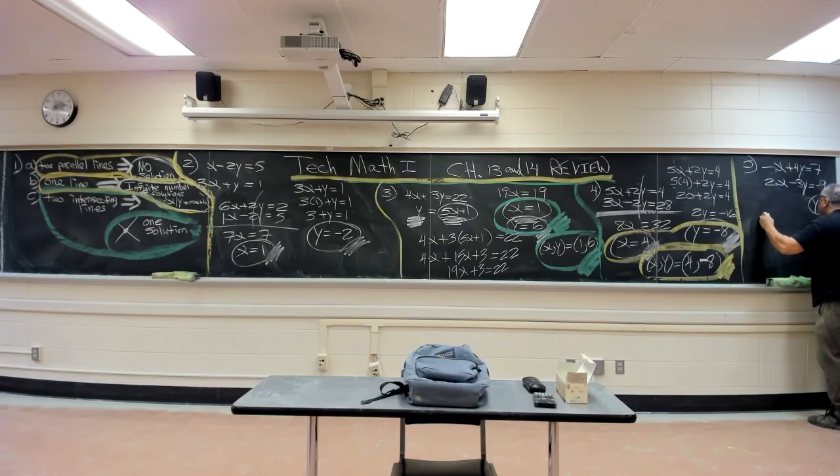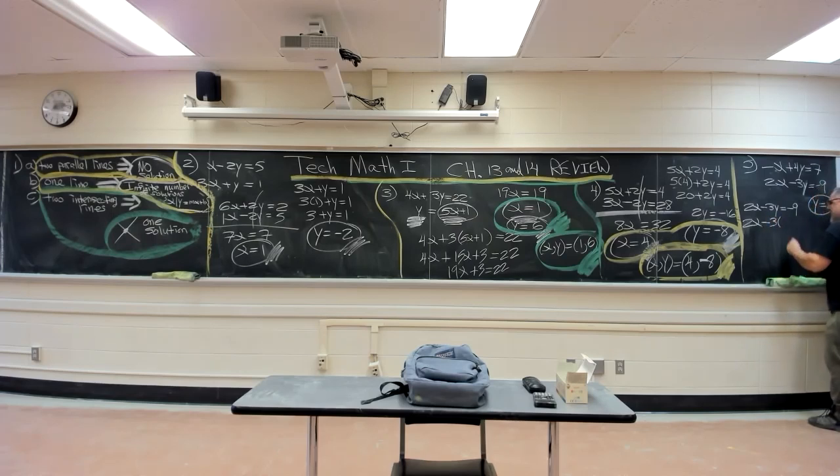Let's take 2x minus 3y equals negative 9. 2x minus 3y equals negative 9. Let's go. 2x, I don't know what x is. I don't know what 2x is.